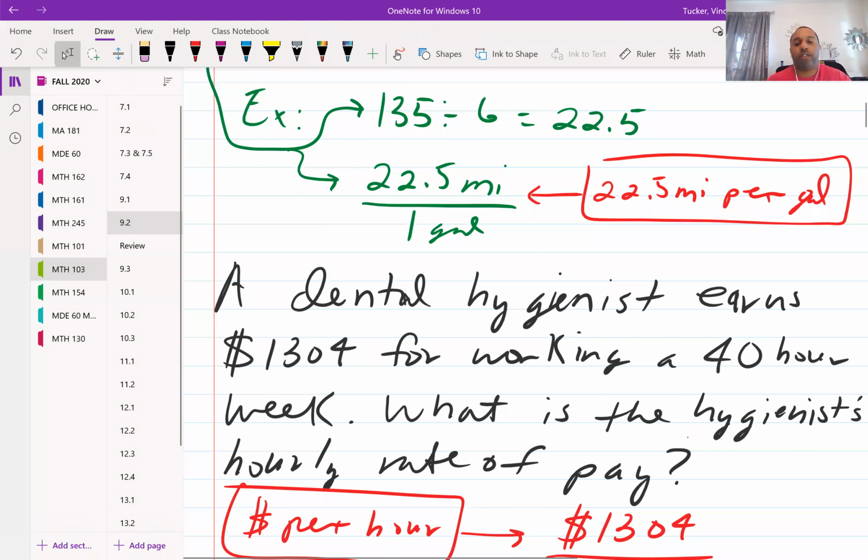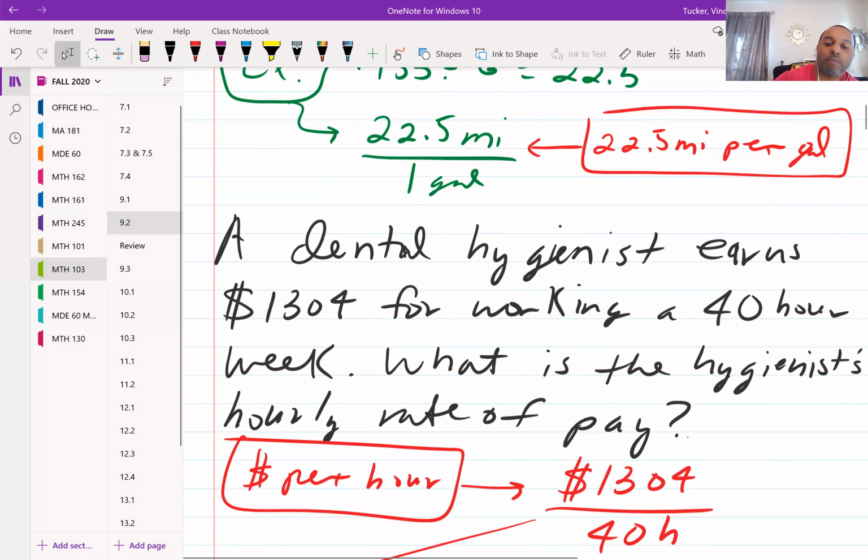All right. So we have a dental hygienist who earns $1,304 for working a 40-hour week. What is the hygienist's hourly rate of pay? So we want to know dollars per hour. Remember I said per is your division bar or your fractional bar. So dollars would be on top, hours on the bottom.